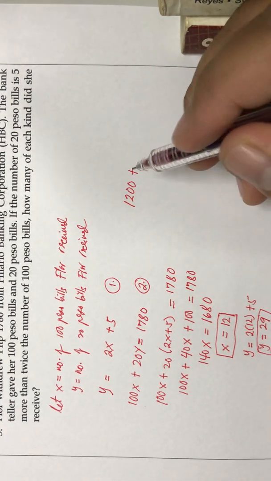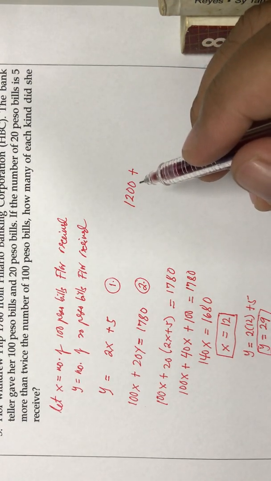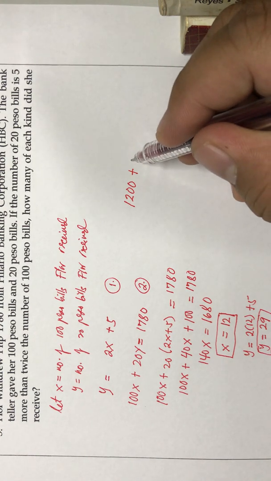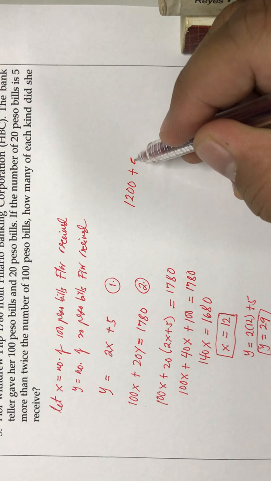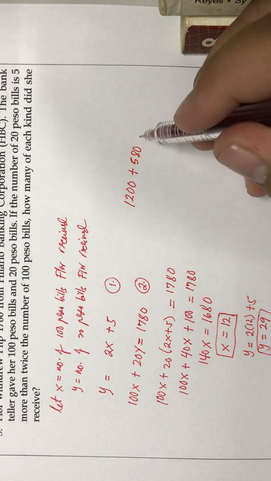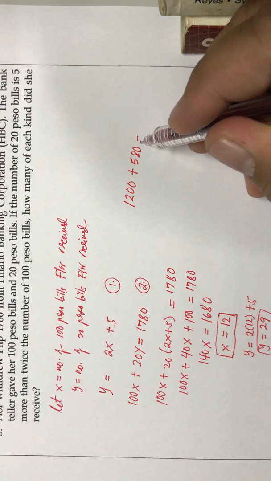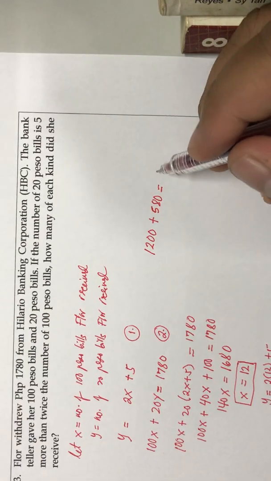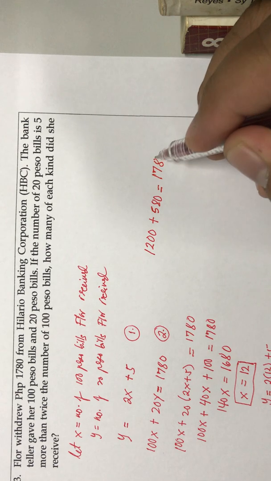On the other hand, if you have 29 20 peso bills, multiplying 29 by 20 will result in 580. So 1,200 plus 580 is equal to 1,780.